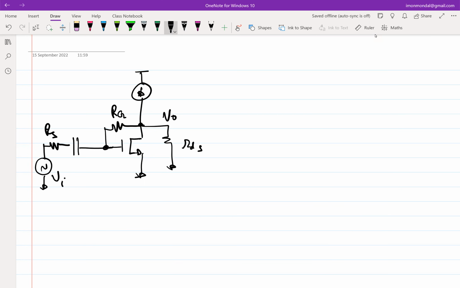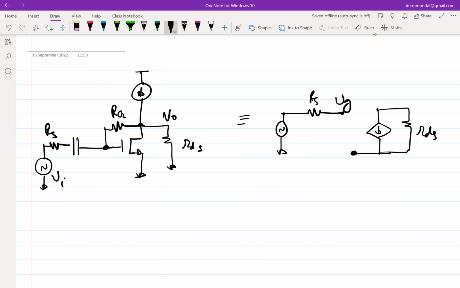So in the small signal sense, or in the incremental sense, we wanted this contraption to look like the one on the right.